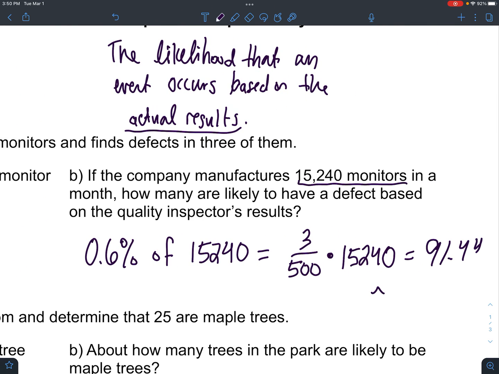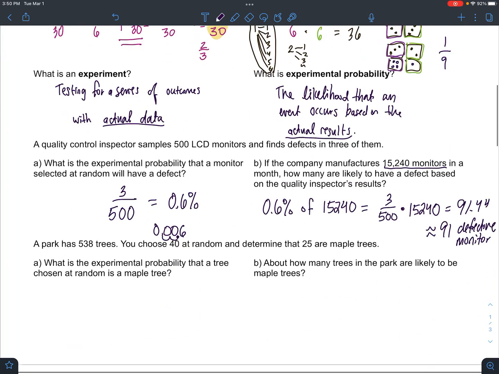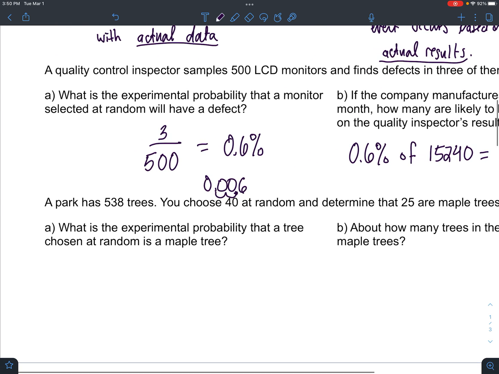So I got approximately 91 defective monitors. So we had no idea how many were going to be defective, but we did an experiment and said, hey, let's look at 500 and see how many of those are defective. Okay, and then we found the experimental probability from that, and then we used that to predict the future. Okay, so this happens all the time.